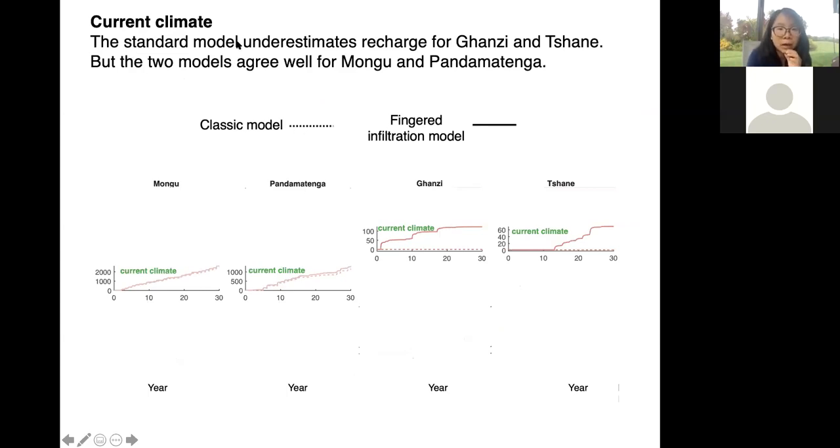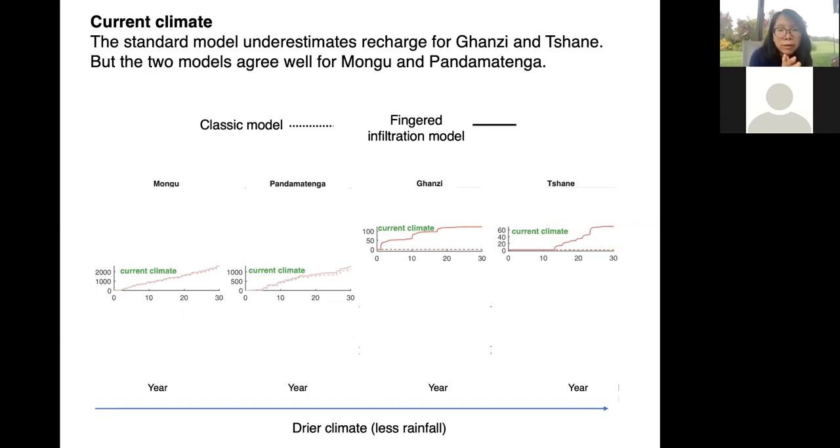However, for the wetter, northern sites, both models agree really well, meaning that they both predict a similar amount of water recharge. So clearly there's a trend in how much the standard model underestimates recharge that depends on the dryness of the climate.